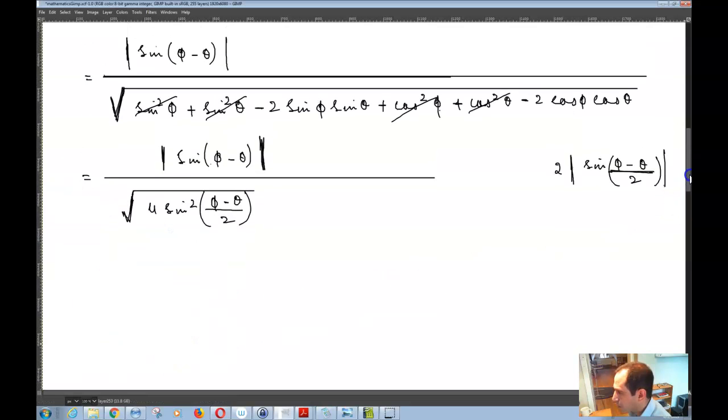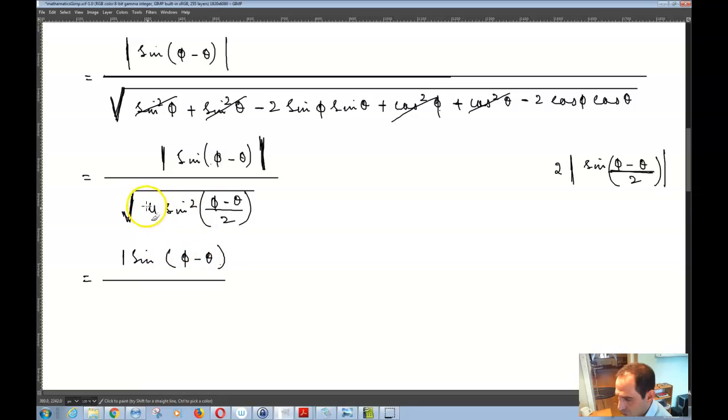So what that means is that now I have this expression over here, and I can write this as the absolute value of sine of phi minus theta, and over here the square root of 4 is equal to 2, and the square root of sine squared phi minus theta divided by 2 is the absolute value of sine, not sine squared, but sine phi minus theta divided by 2.